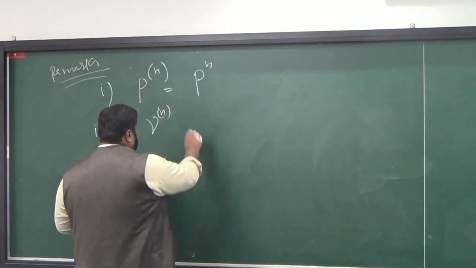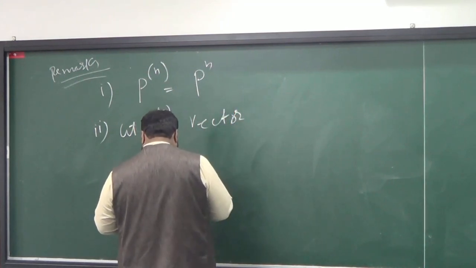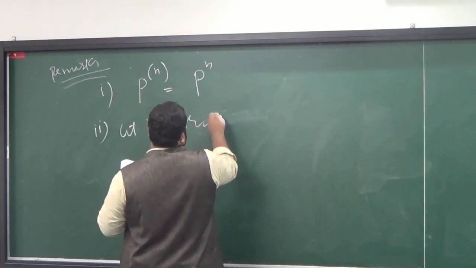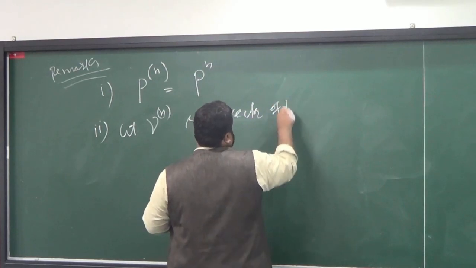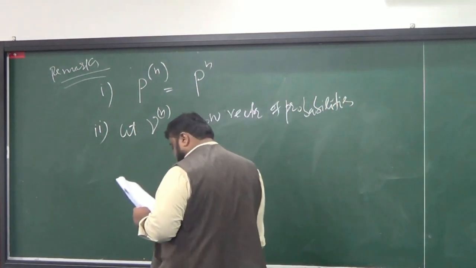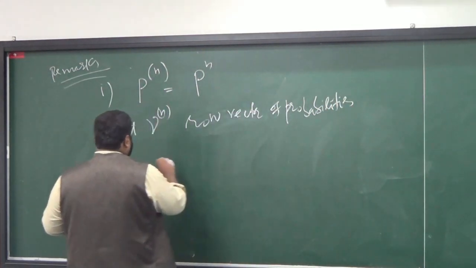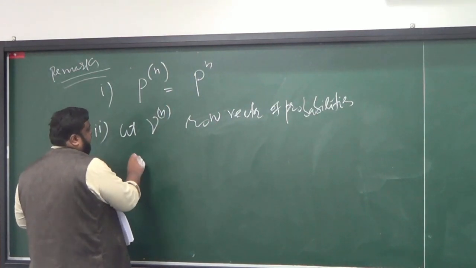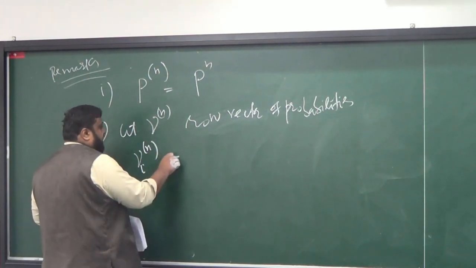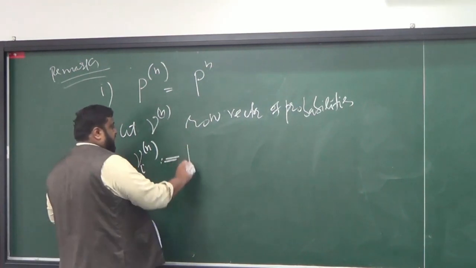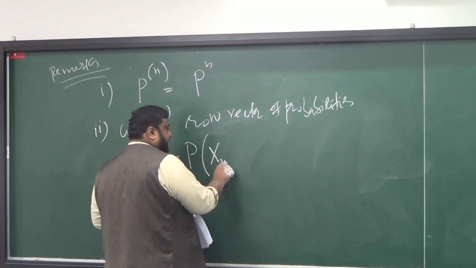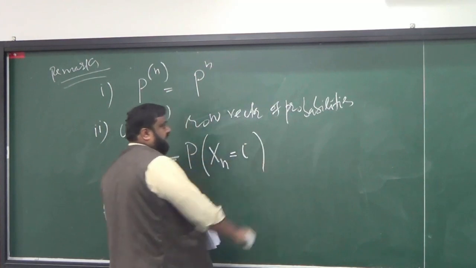u_n is the row vector of probabilities. Each entry of this row vector is u_i^(n), and u_i^(n) represents the probability that the random variable X_n is going to be in the state i.